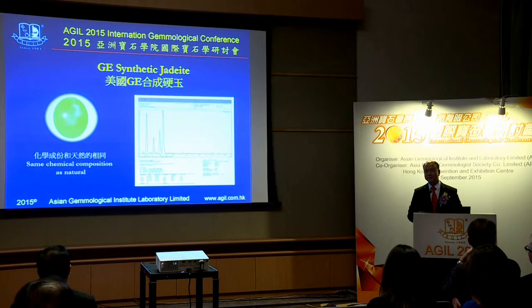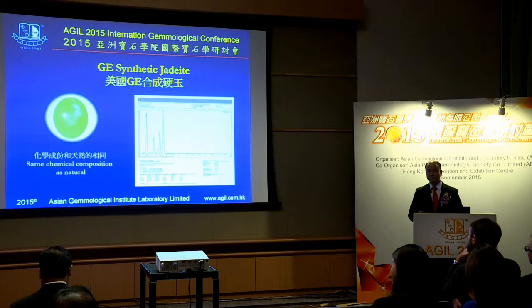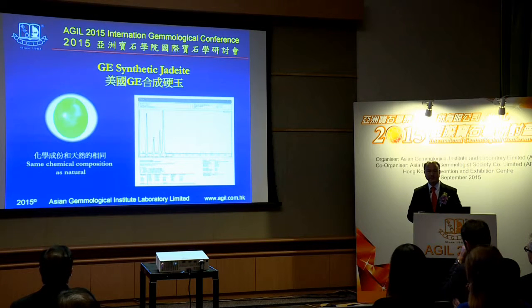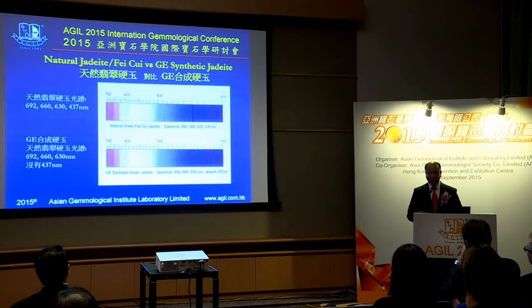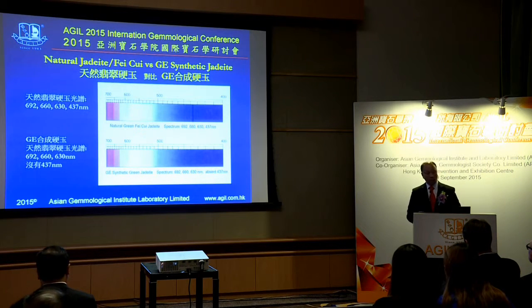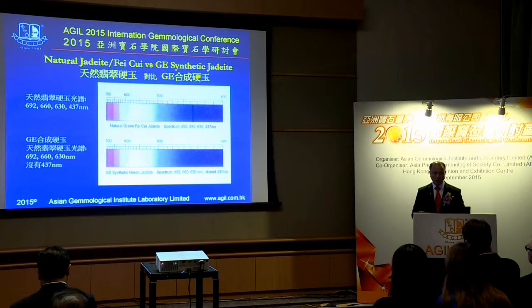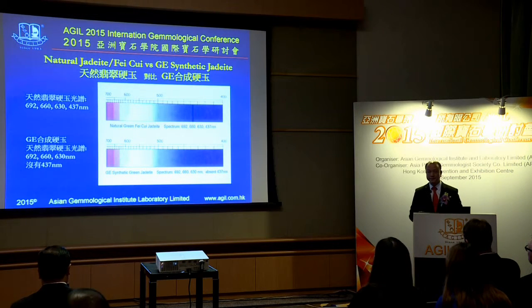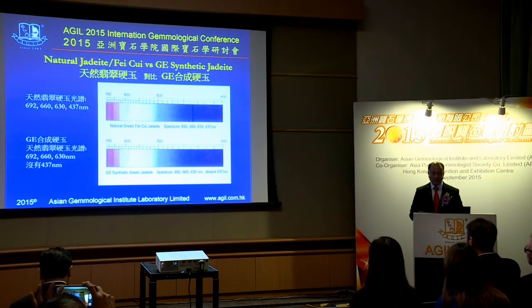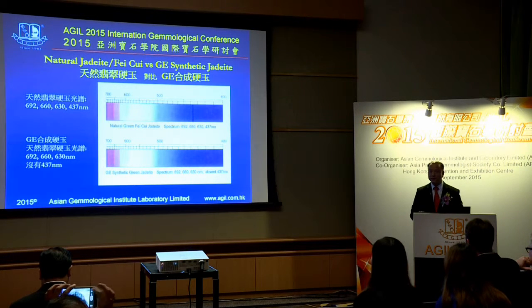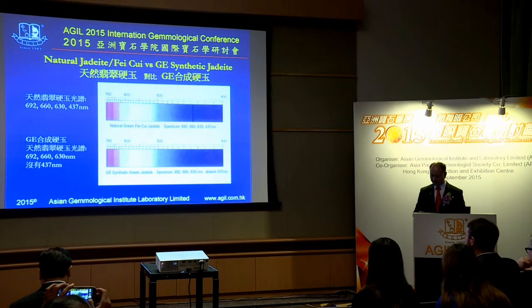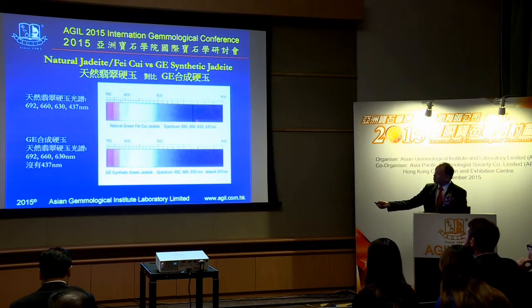Successfully means it is almost identical to natural jade, in chemical composition and in optical properties. But when we look carefully, natural jade usually shows 437, 692, 660, and 630 in the absorption spectrum.